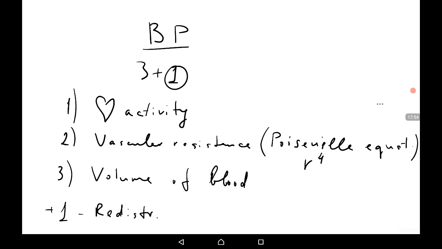What does it mean, redistribution of blood? Means that blood may be excluded from the circulation and may be stored for a while in special organs which may serve as a depot of blood.